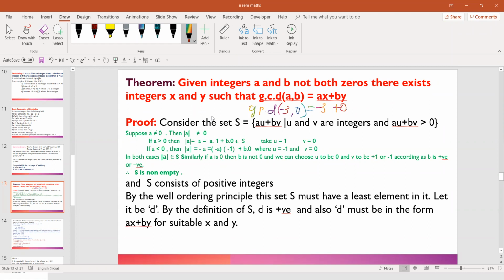What is the GCD of minus 3 and 0? Many answered that. So that is 3, right? So how will you write 3 equal to here? Minus 3 times which integer, plus 0 into which integer?